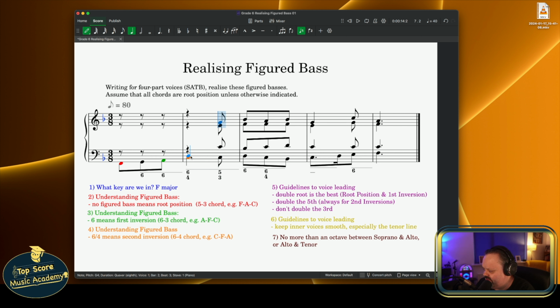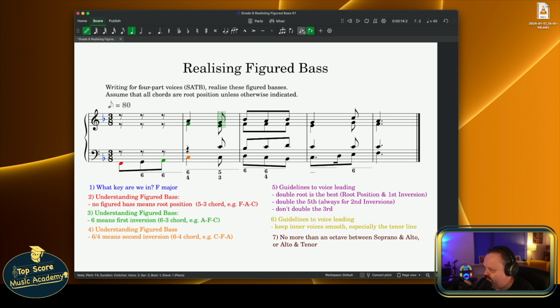So the sixth above the C, our A, should be up here, because that sixth is falling to the fifth above the C. And the fourth above the C is an F, and that should be here, progressing or falling to the third above the C.